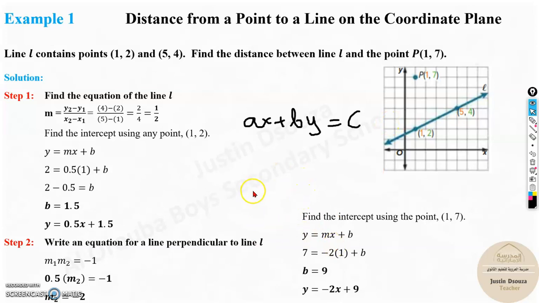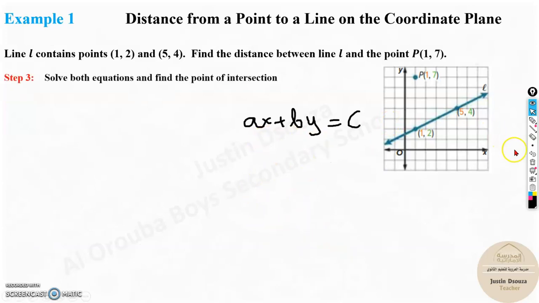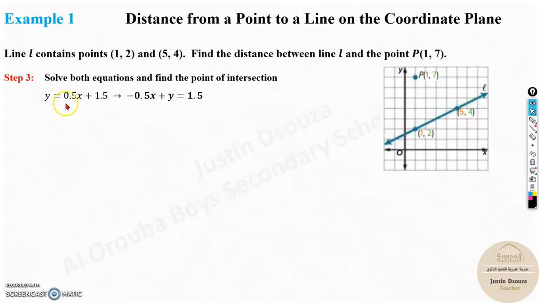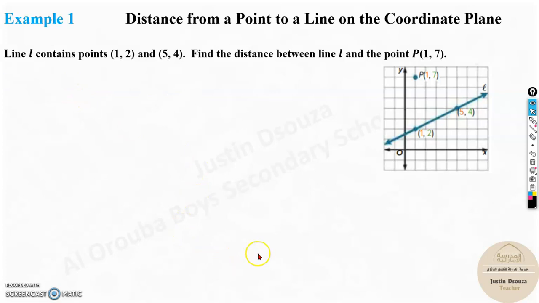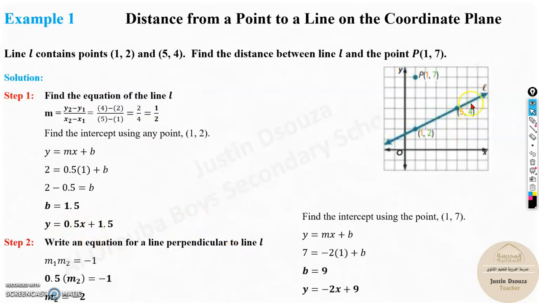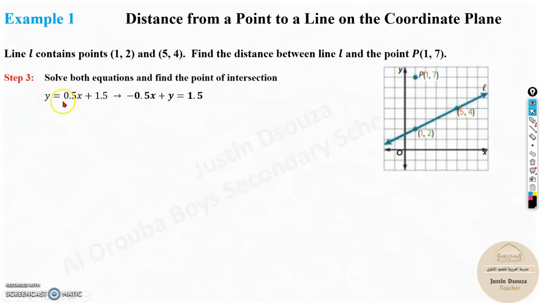So now we will use the calculator method because that's very easy over here to solve. All you need to do is write in the standard form, that is ax plus by equals c. The two equations are there, right? Take the x to the other side. You found the two equations, one for this line and one more line that's perpendicular. All you need to do now is write them in the standard form.